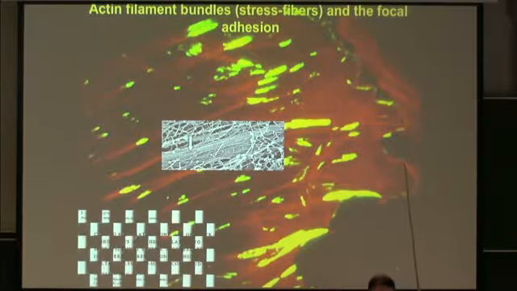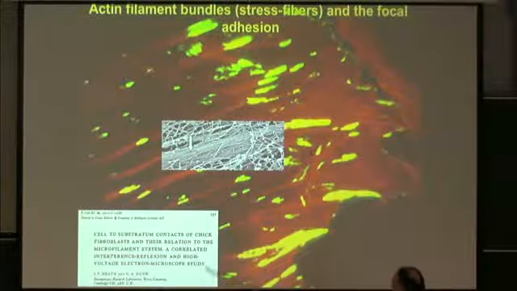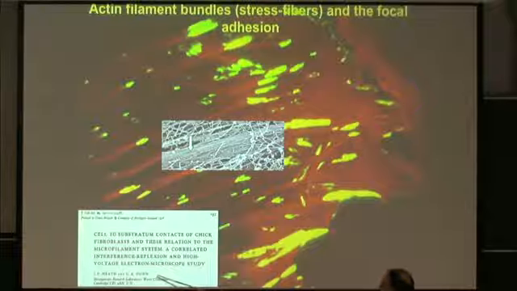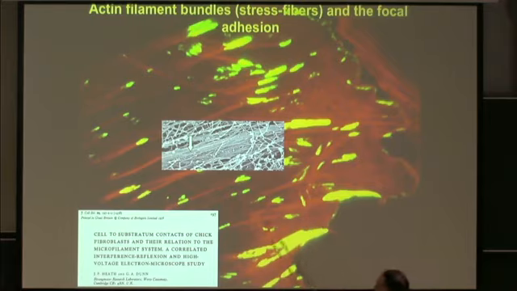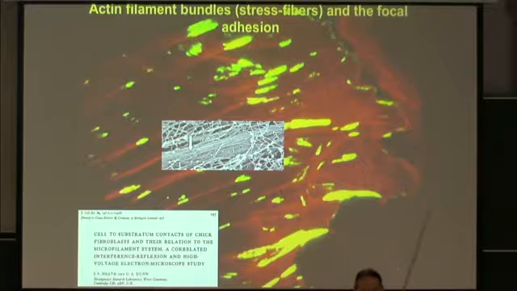The first association of these stress fibers with adhesions was found by Graham Dunn, who is still alive, and I met him in London recently. So since 1978 we know that, but we still do not know how the whole system is arranged.